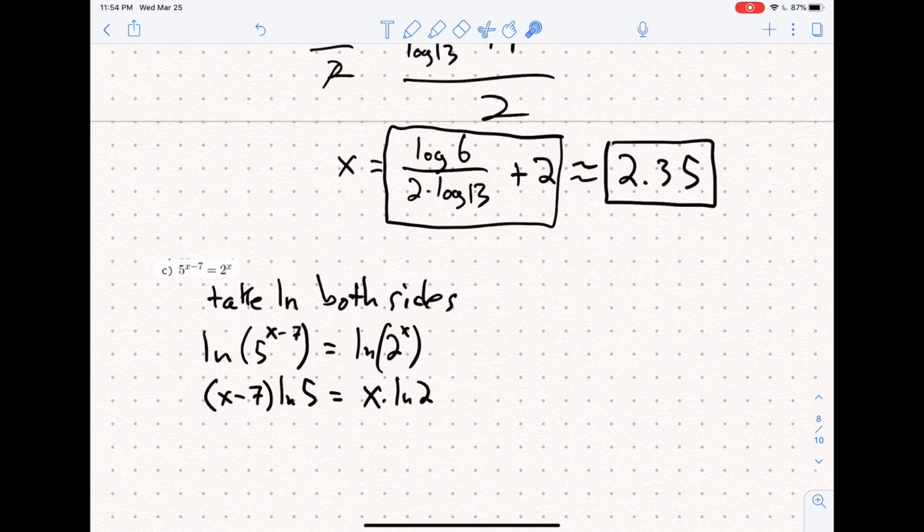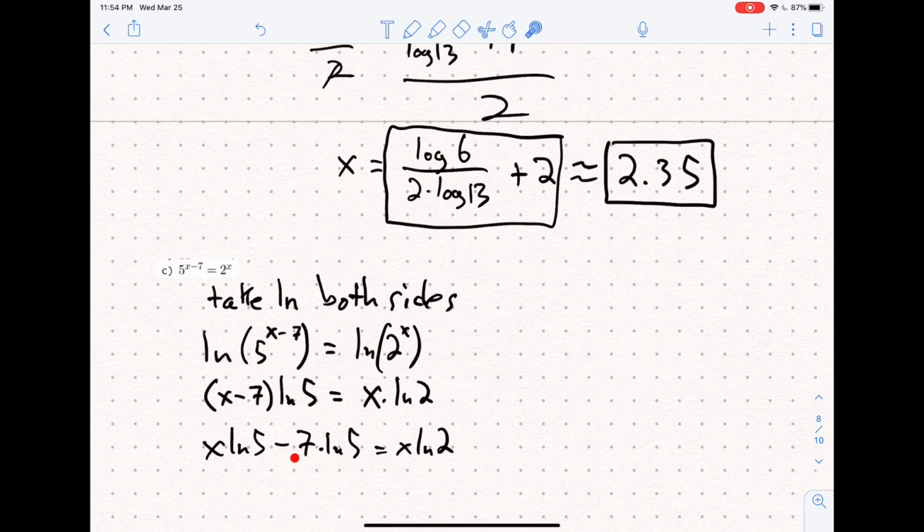What we're going to try to do is separate out the parts that have x's from the parts that don't. So this is x times ln of 5 minus 7 times ln of 5 is equal to x times ln of 2. And what you'll notice is that there are 3 terms here, 1, 2, 3. 2 of them have x's in them, and 1 of them does not.